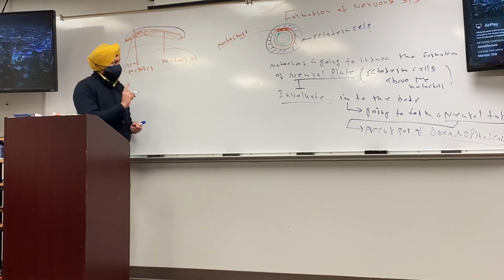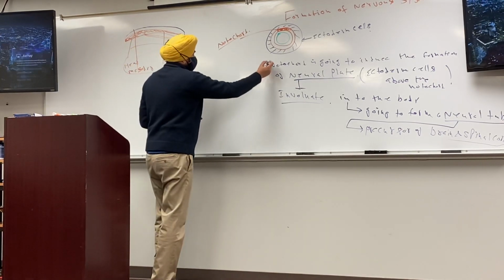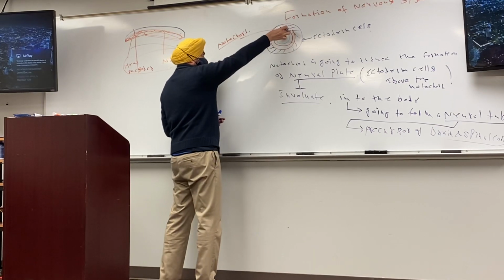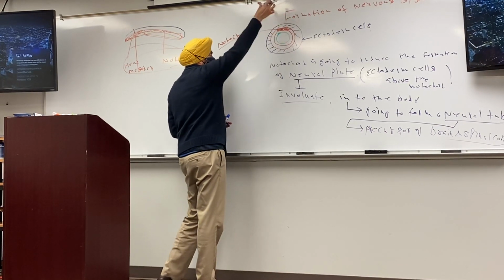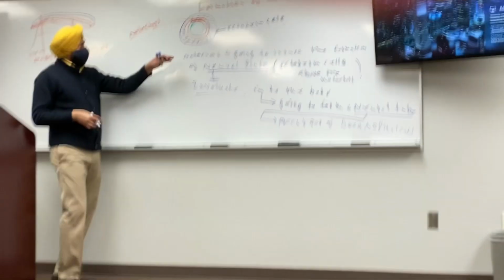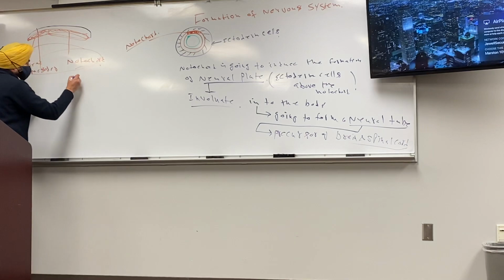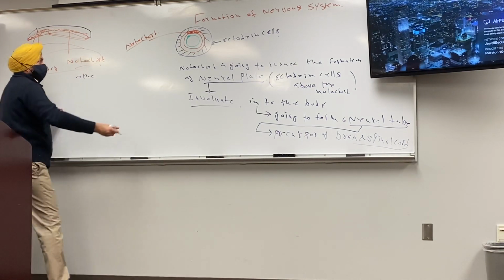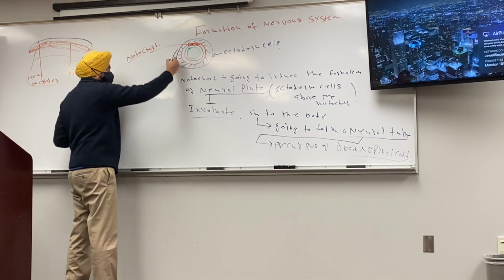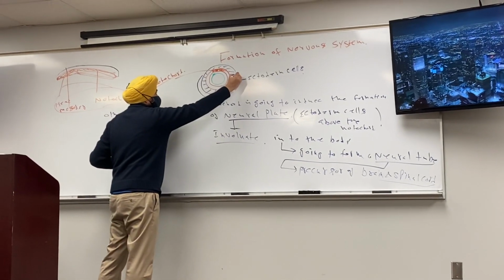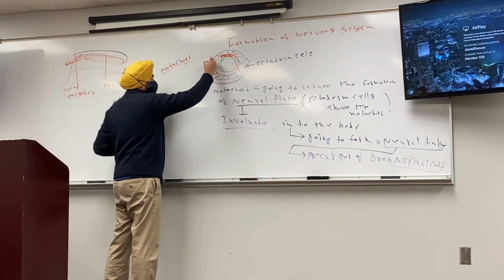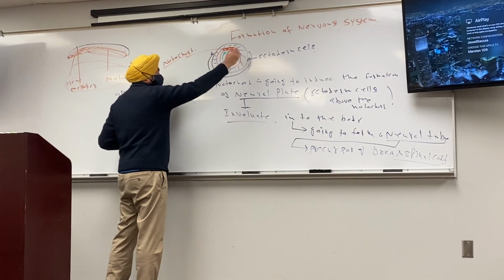Then, so the part which is here, above the node, that is going to give you the neural plate, right? Now the other part which is away from this, so I'm saying away from this, or I should do it like this.